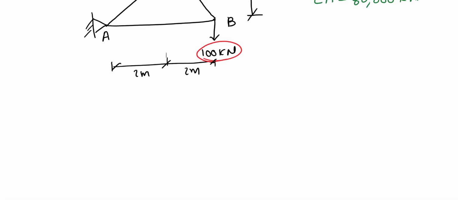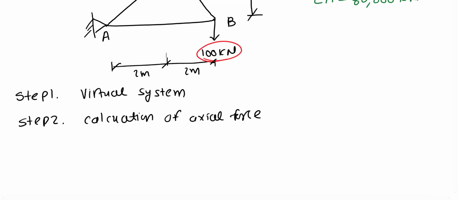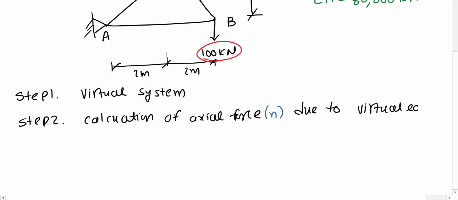So step number 1, we use the virtual system. Let's say we apply the virtual load. Second step, we're going to calculate the axial force, let's say small m, due to the virtual load of 1 kilonewton.